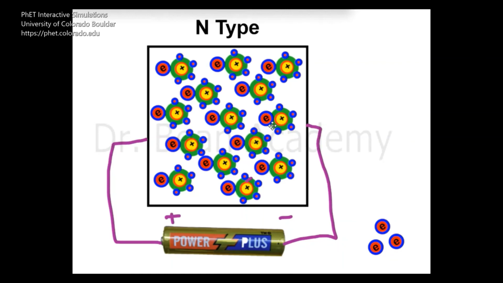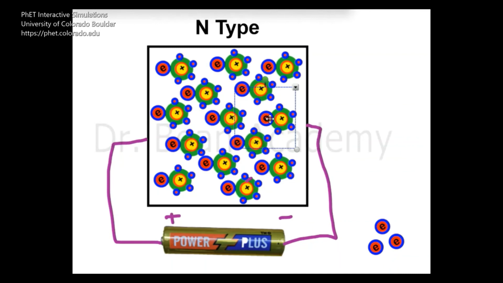We already have loosely bound electrons which were unable to make a covalent bond with a neighboring silicon atom, because in covalent bonding, atoms share electrons with neighboring atoms. So in this case, when we apply the voltage or electric field, the negative terminal will give energy to this outermost electron, which was unable to make a bond with any atom.